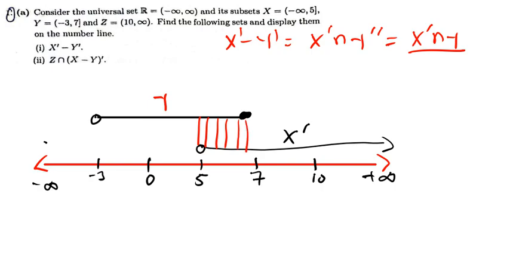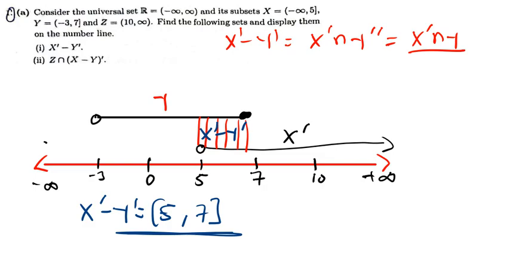So where I have shaded, that is the part where it is x complement minus y complement. So therefore x complement minus y complement is equal to, from this point all the way to 7, but 5 is not included. Remember, 5 is not included, but 7 is included.